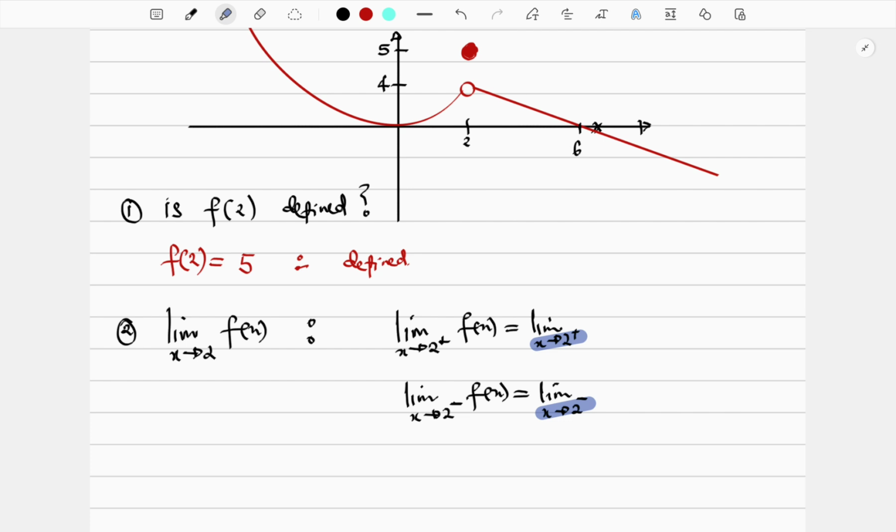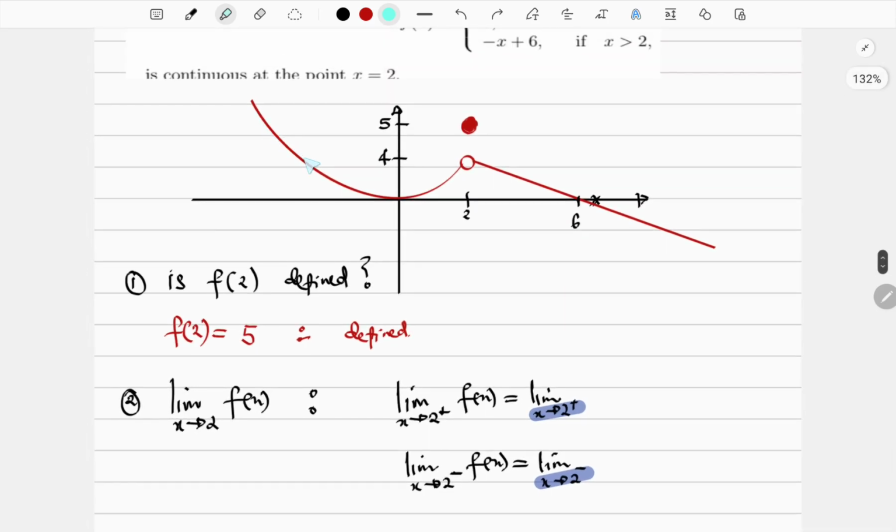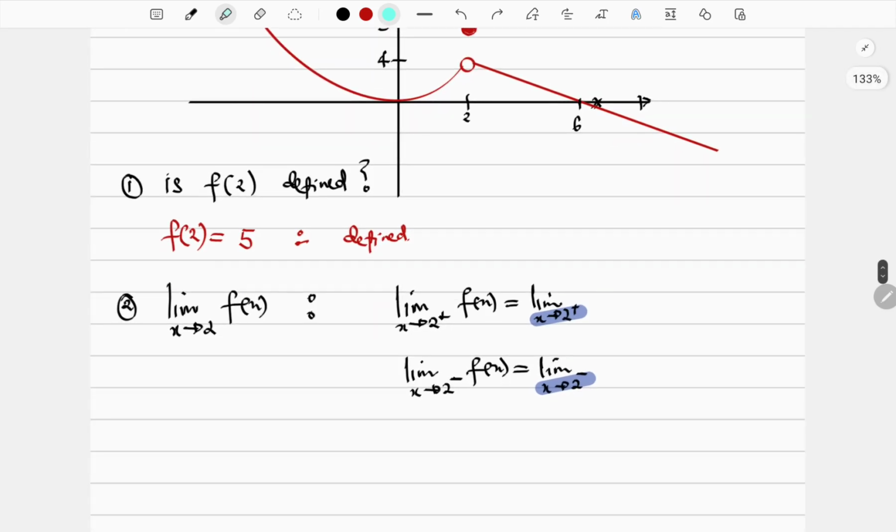It's just the approach we are following. We are coming from this side, approaching 2 from the negative. So you can actually see our function is assuming this x squared function from the negative. As it approaches 2 from the negative, it's actually on the x squared graph. So here, this one is just equal to x squared.